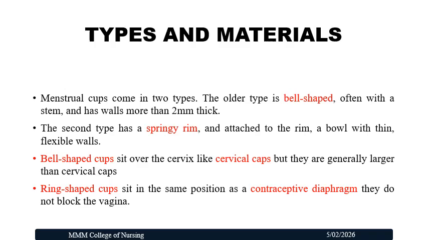Bell-shaped cups sit on top of the cervix like a cervical cap, but they are generally larger than cervical caps. Ring-shaped cups sit in the same position as a contraceptive diaphragm. They do not block the vagina.